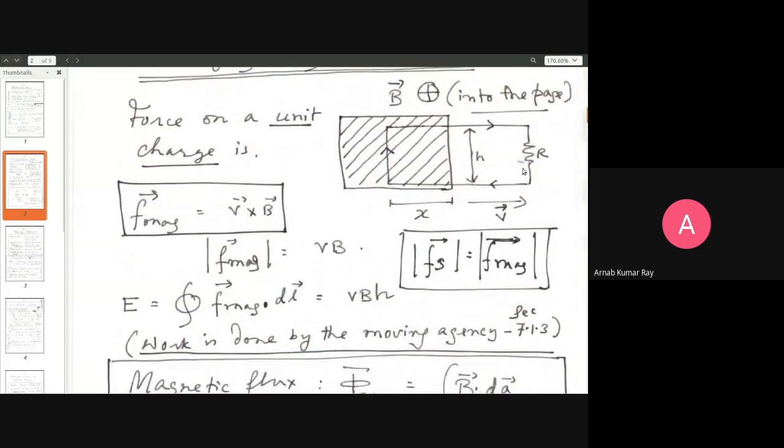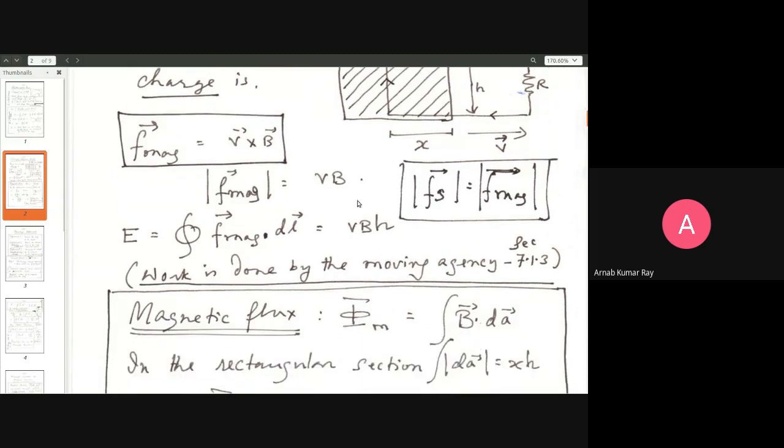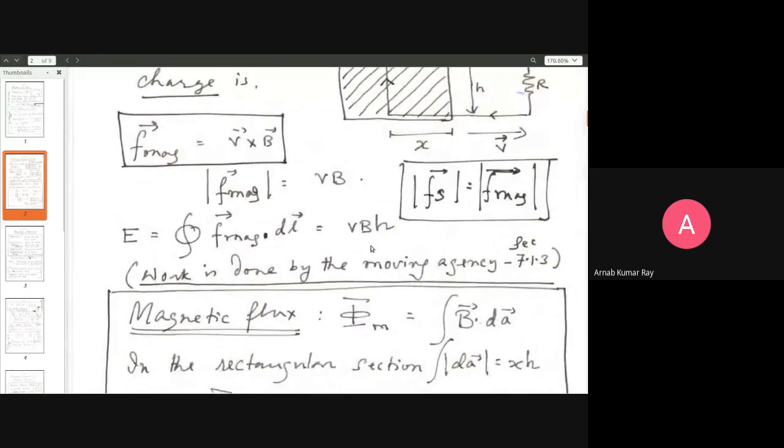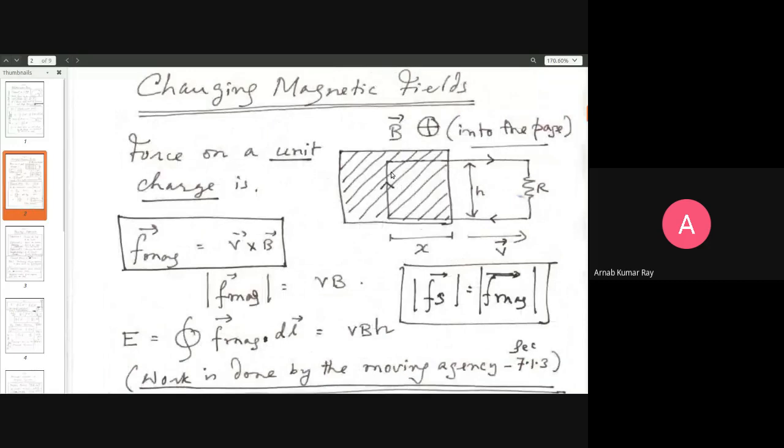Somebody had done some work on this wire loop, and that work translated as the flow of a current. What is the amount of work done? On a unit charge, the amount of work done was V into B into H.